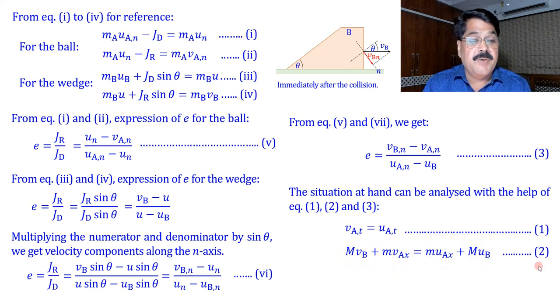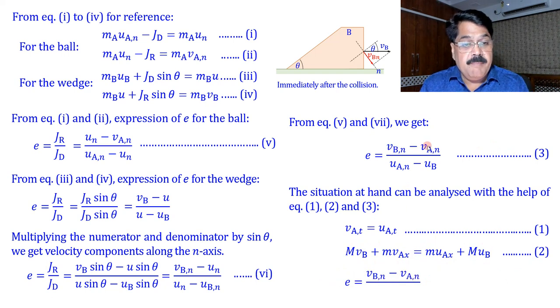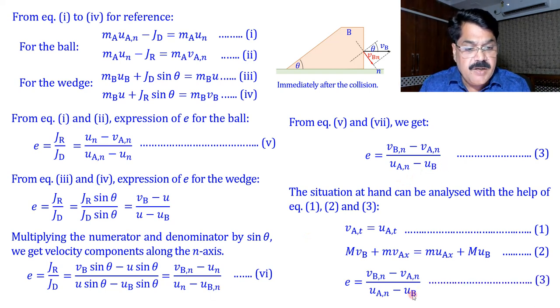Third, the coefficient of restitution, e is equal to (VBN minus VAN) upon (UN minus UBN). Actually, this is UBN; please make the correction here. It is a small typing error, so please take care. It should be UBN. Now with the help of these 3 equations, we can analyze this situation.